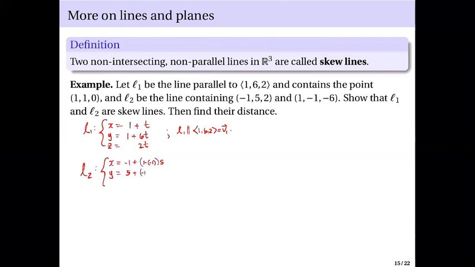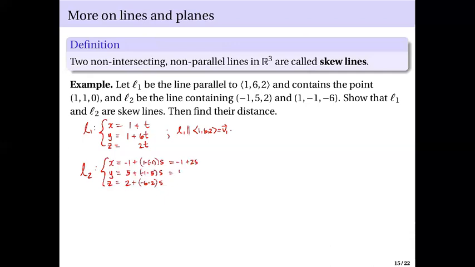So negative 1 minus 5 s. And your z, this is 2 plus quantity negative 6 minus 2 s.